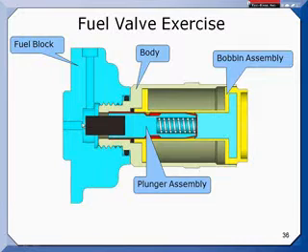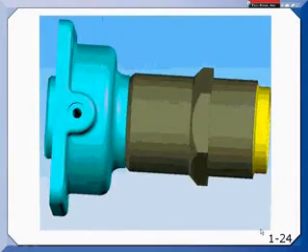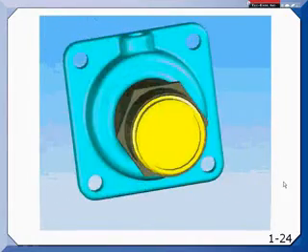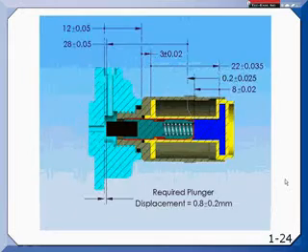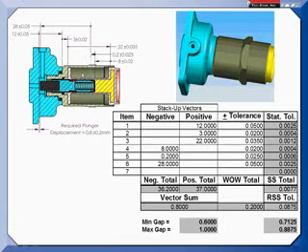So it's a normally closed fuel valve. But when it's open, the fuel can come in here and it can flow out there. I'll show you another view of it. There we go. Let's look at a little bit better view here.